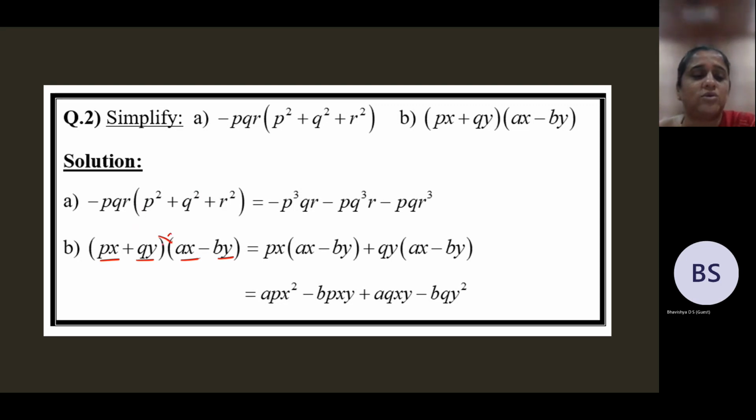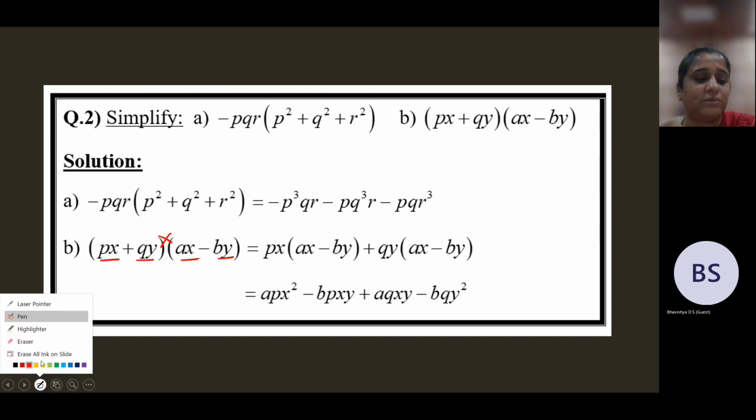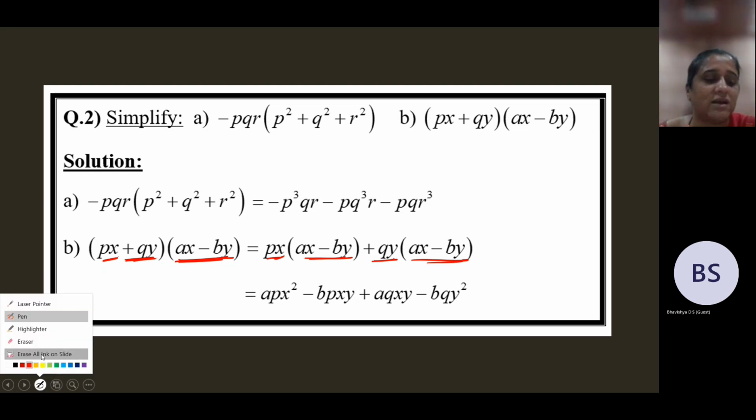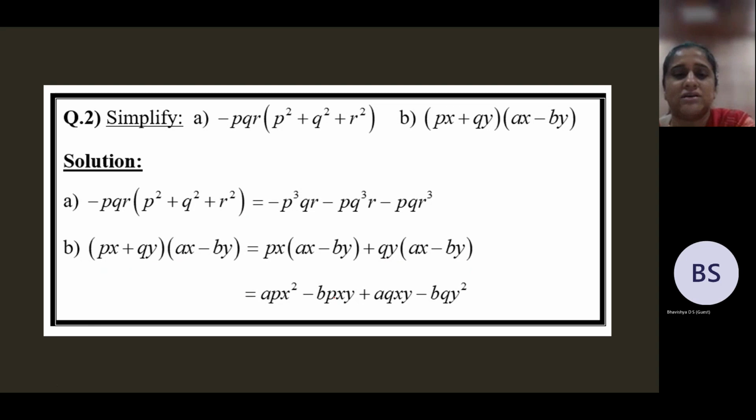So it's the product of a binomial and a binomial. So how do you do this multiplication? Write the first term px, multiply that with the second bracket ax minus by. Then write the second term plus qy and multiply that with the second bracket ax minus by. Since we have already worked sums like this earlier, I'm not doing it in detail. You understand? You're able to recall? Yes, ma'am.